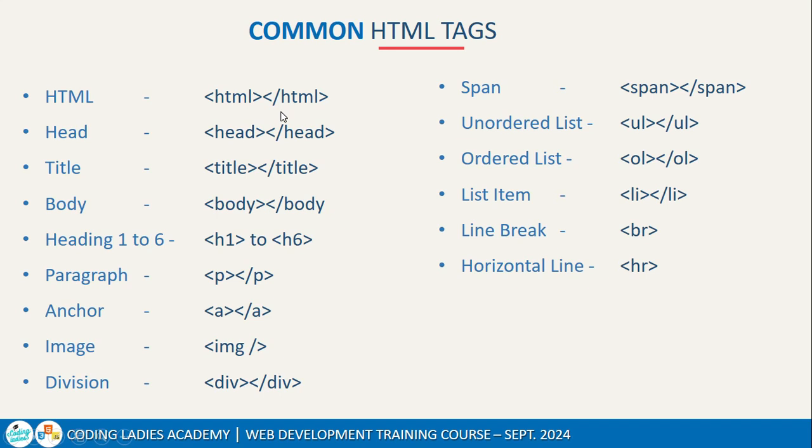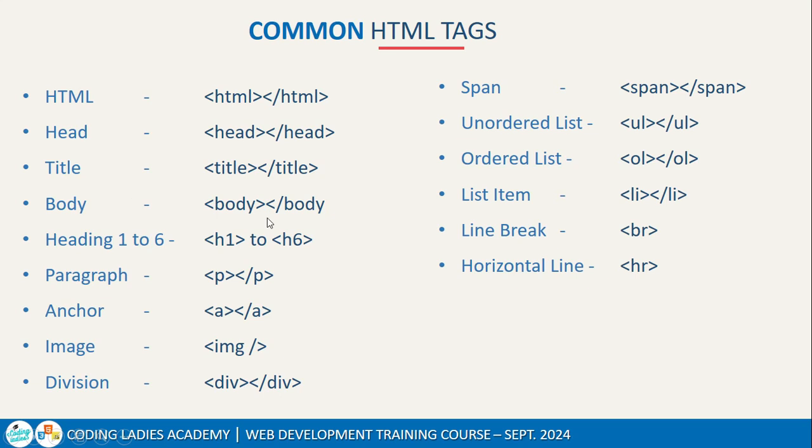Then we have the anchor tag, or hypertext or hyperlink tag. The A is an anchor tag. This is like a link. When you click on it, it will take you to where it is defined. So you should take note of that. And this is the image tag.